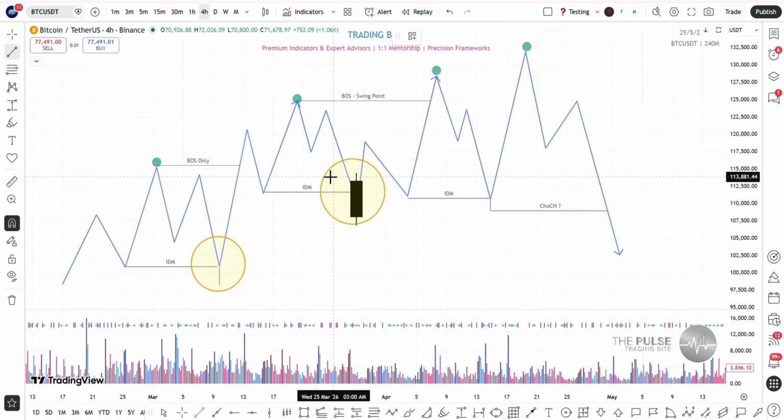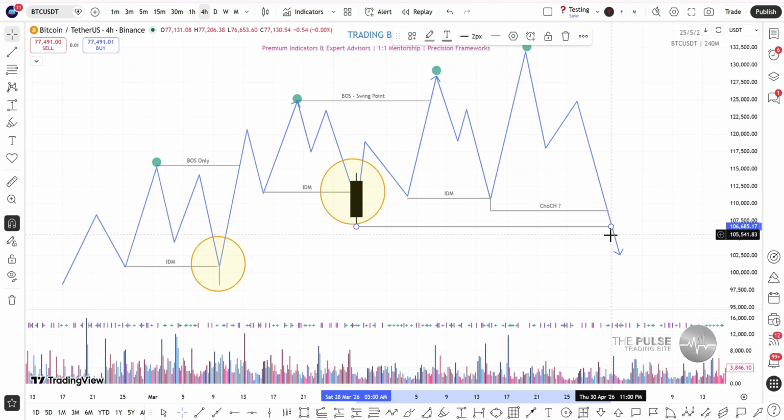Okay, let's move on. This was our last candle body close below the IDM right here.